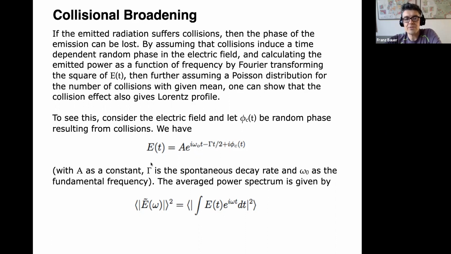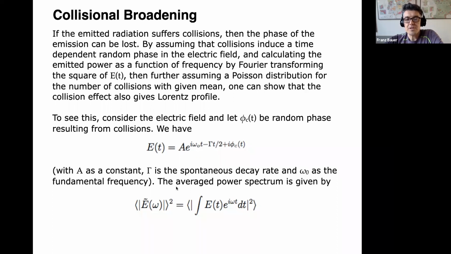So we have our electric field, which had the natural broadening, the damping term, and the oscillation, and we add an extra component, which is the phase randomization. A is our total proportionality constant, gamma is the spontaneous decay rate, also the width, and then we have our internal frequency, omega naught.